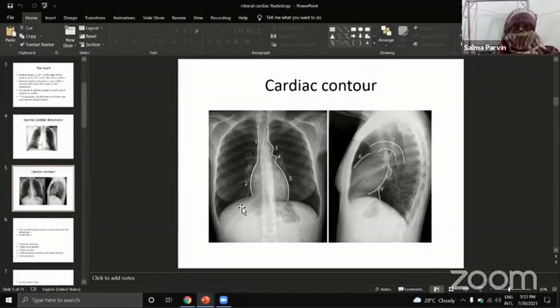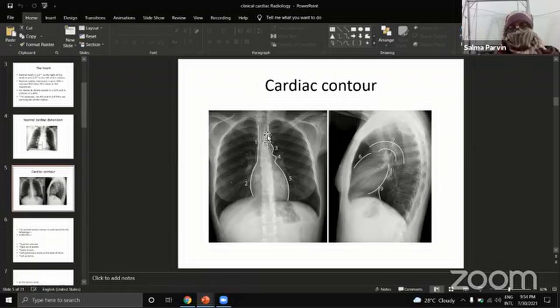Now, what are the structures forming the cardiac contour? That is what the chest X-ray displays, which we can now discuss. This is the right border of the superior mediastinum, formed by the superior vena cava and innominate veins, and this part is the right atrial border.